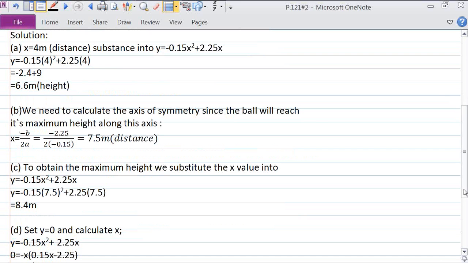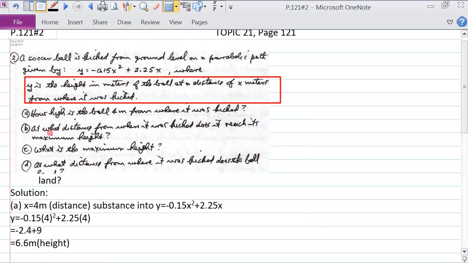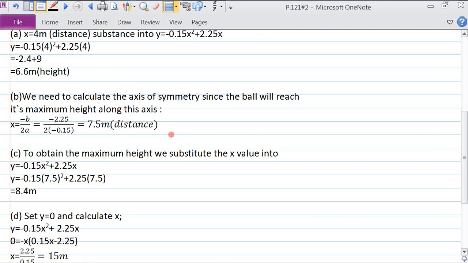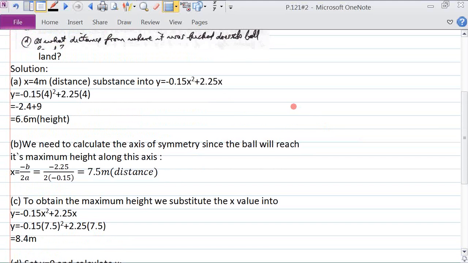Now, the second part of the problem says, at what distance from where it was kicked does it reach a maximum? So we know from previous cases that the maximum will be along the axis of symmetry. So we need to calculate the x value to determine where that is. So here, minus b over 2a will give us the x value.